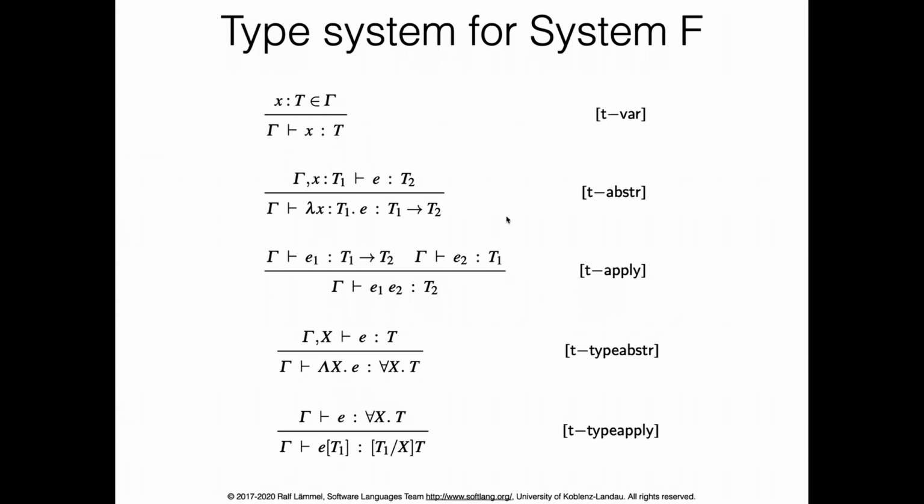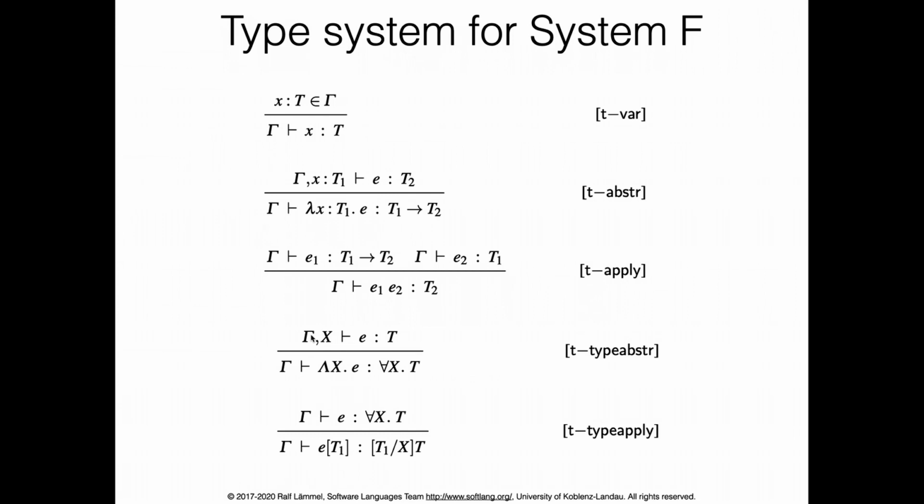That's all as before. And now here we have type abstraction. So type abstraction basically means that we have an expression of some polymorphic type. And we also use the context here now to record the fact that we are binding the big X here, right?